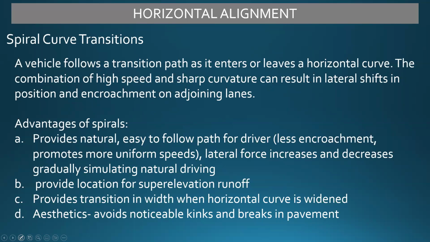Advantages of spirals: they provide a natural, easy-to-follow path for the driver, less encroachment, and more uniform speed. Lateral force increases and decreases gradually, simulating natural driving. They provide a location for superelevation runoff, which we will discuss in the next topic. They provide transition in width when a horizontal curve is widened. And aesthetics: they avoid noticeable kinks and breaks in pavement due to the curve.